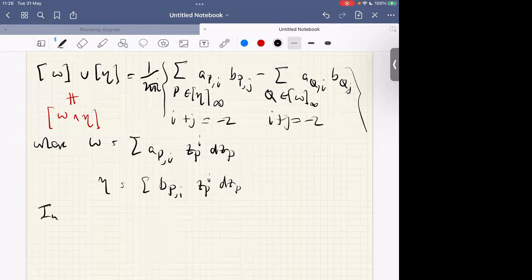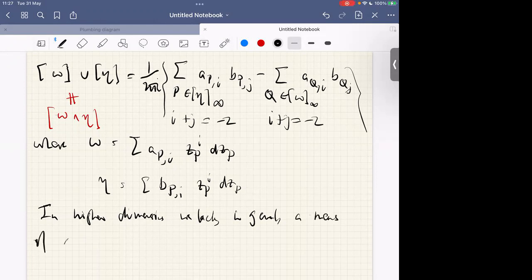In higher dimensions, we lack in general, that's the crucial word there, a means of calculating, even for surfaces.